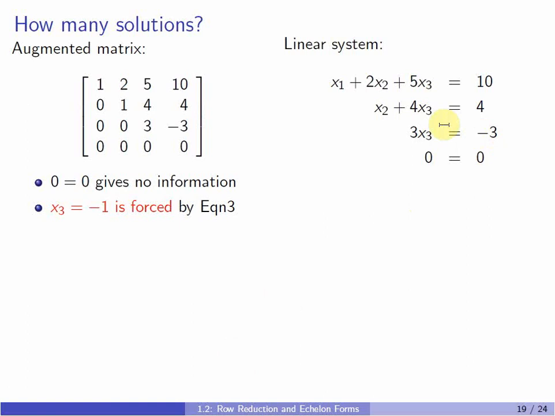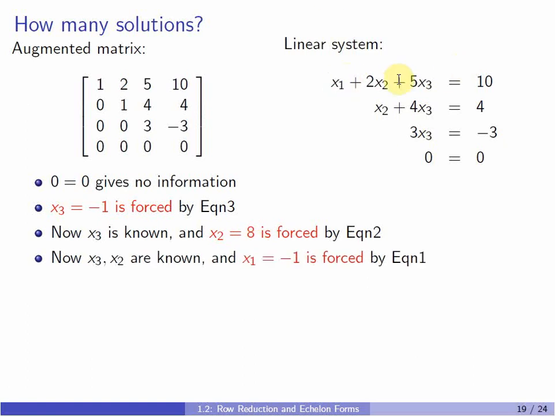Okay, so if we go through, x sub 3 is forced, you can solve here and see that x sub 3 has to be -1. And now that we know that x sub 3 is forced to be the number -1, the next equation above forces the value of x sub 2. And now that we know that x sub 2 is forced to be positive 8, there's no choice allowed, then the equation above, we see that x1 is also forced in value.